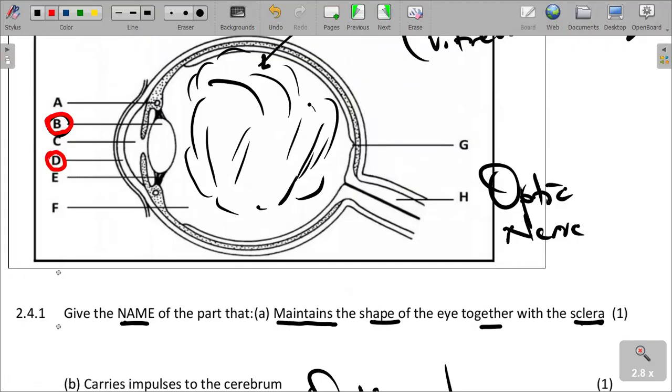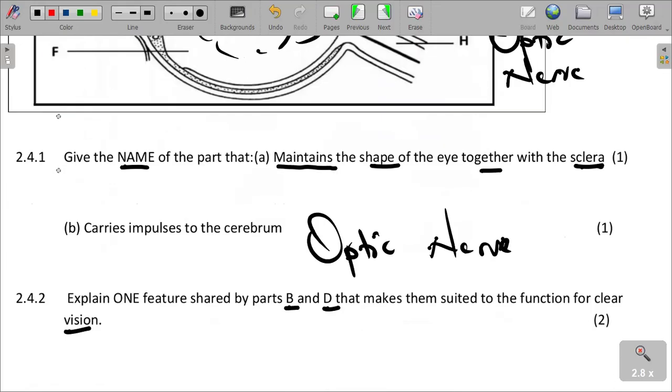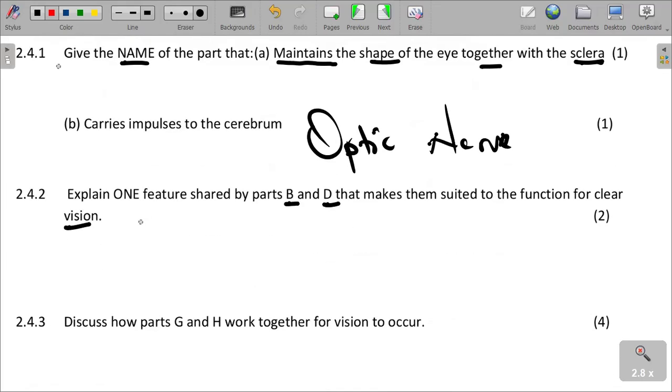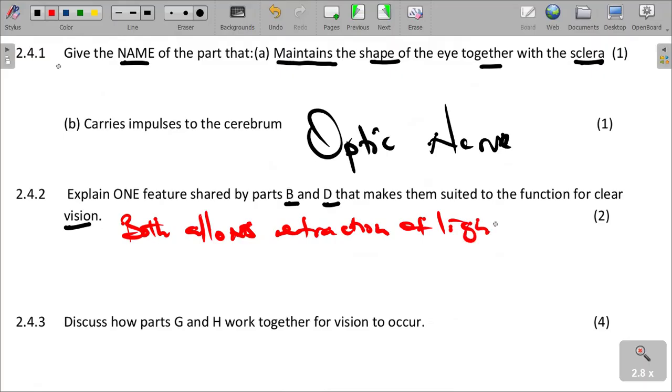What happens is that they both have a convex shape to allow refraction of light. They both allow the refraction of light because of their convex shape.